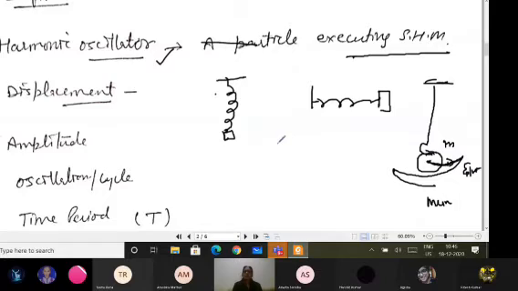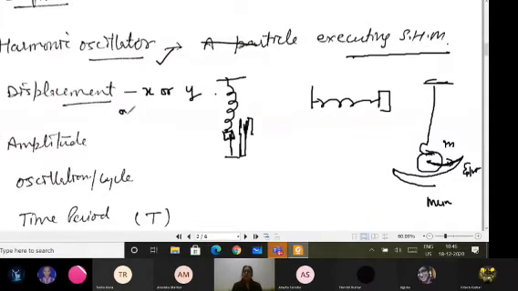So displacement on the x-axis I can write as x. If I talk about this spring, I make it oscillate by bringing it down, it will go up, then come to the mean position, then go up this way. So it will oscillate up and down. So displacement I may write as y.